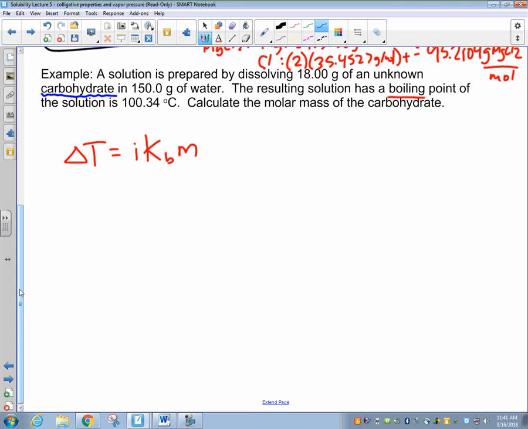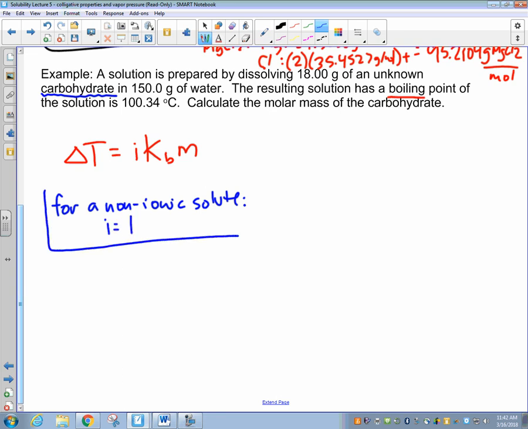Recall from earlier in the year, we talked about carbohydrates being species which are made up of carbon, hydrogen, and oxygen, all three of which are non-metals and therefore tend to form covalent bonds between them, which means when this species dissolves, rather than dissociating into ions, instead it should dissolve molecularly as unit molecules, which means for any non-ionic solute, we should expect to see a Van Hoff factor of 1. That is, it does not dissociate into ions, instead it dissolves molecularly.